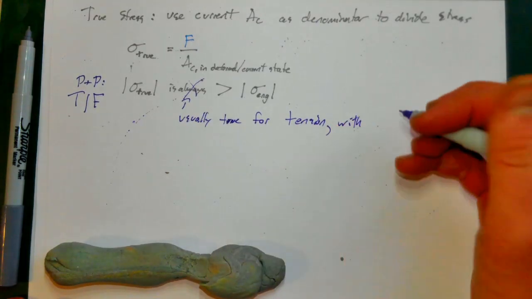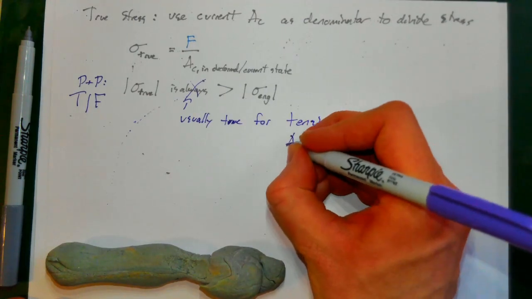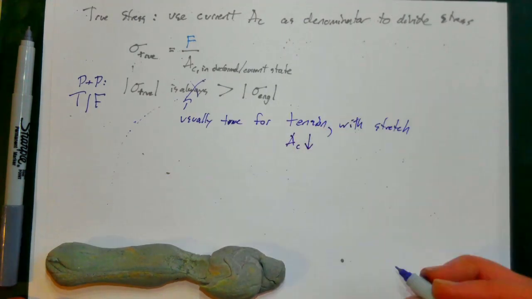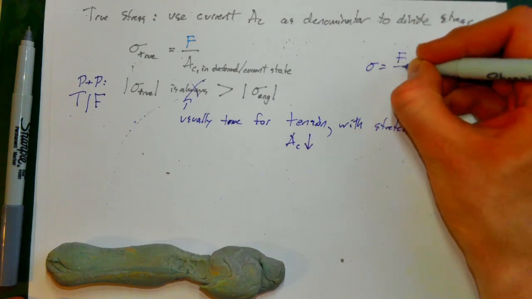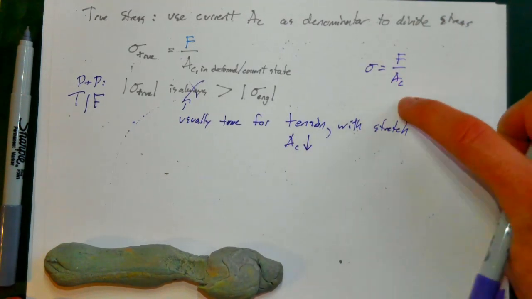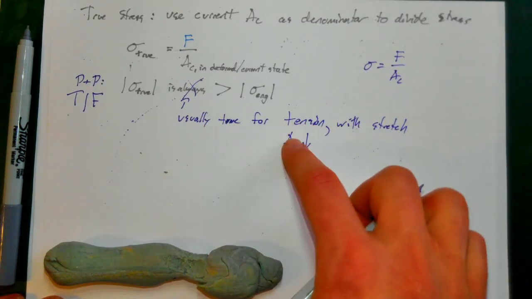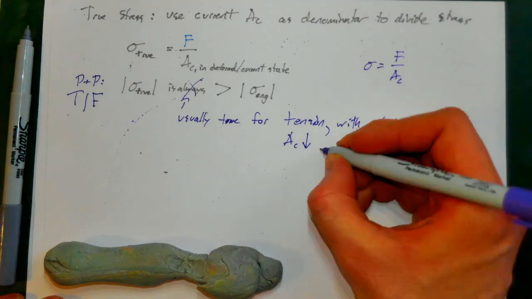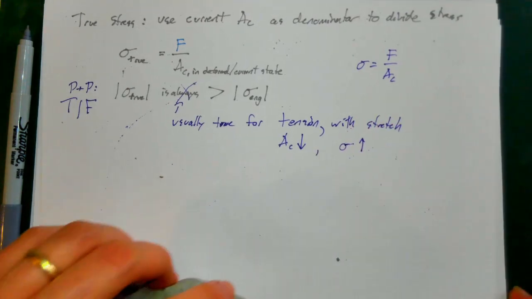The cross-sectional area goes down, and if stress is equal to force divided by cross-sectional area, if this goes down, this goes up. So for tension, with stretch, cross-sectional area goes down, so stress goes up.